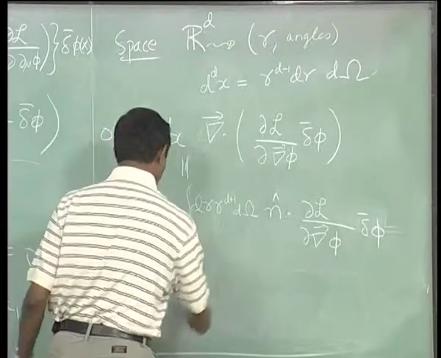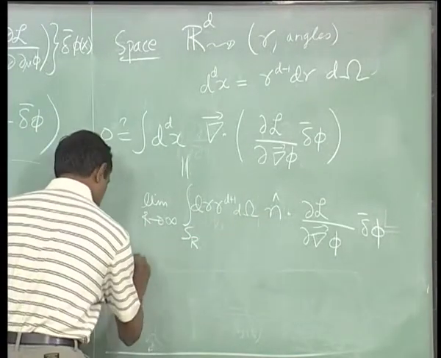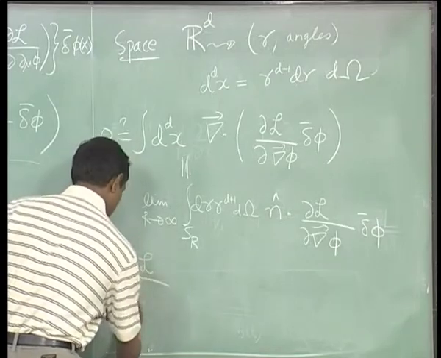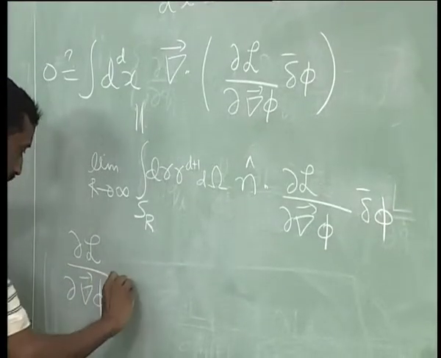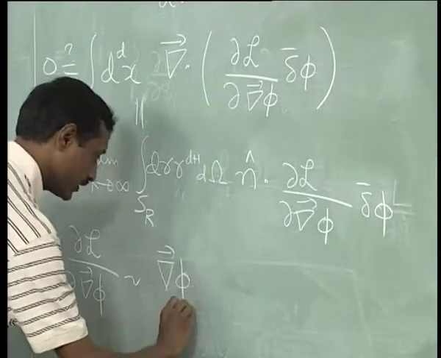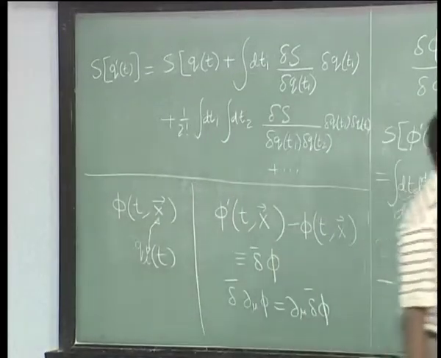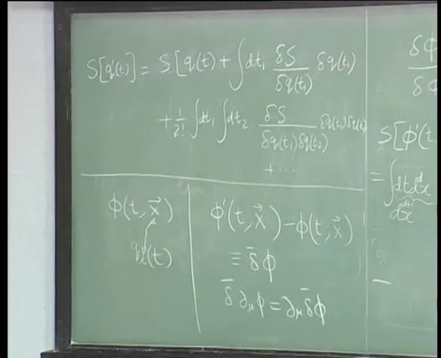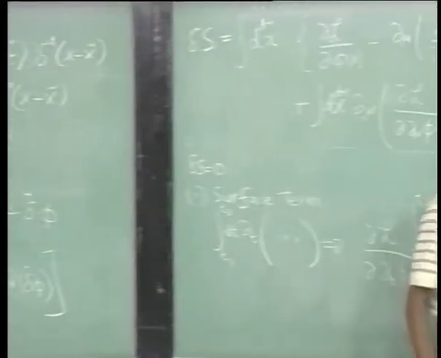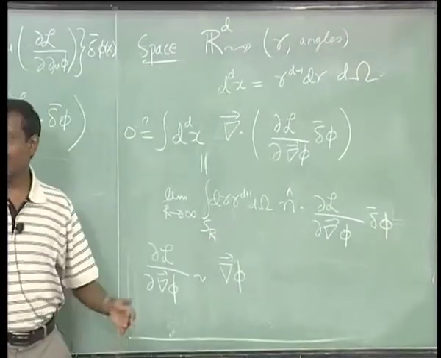So, now if you look at our particular example, let us look at what that term would be. dL by d of grad phi would be, up to a sign, the gradient of phi itself. Right. If you look at your Lagrangian density, which was there several boards ago, you would get something like this. So, what this tells you is that the radial derivative should fall off.